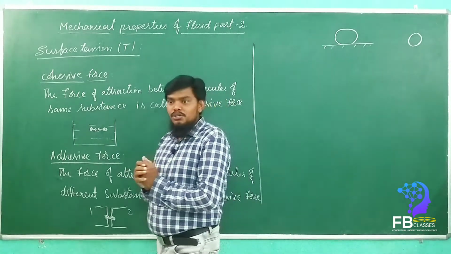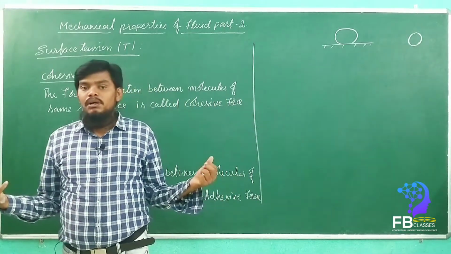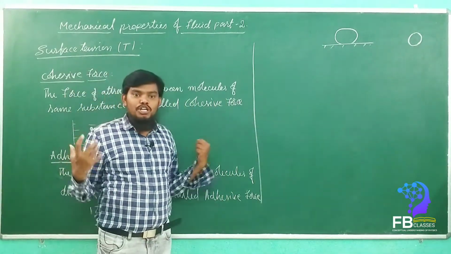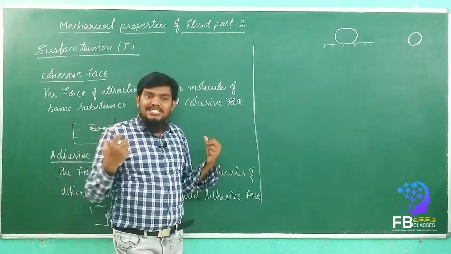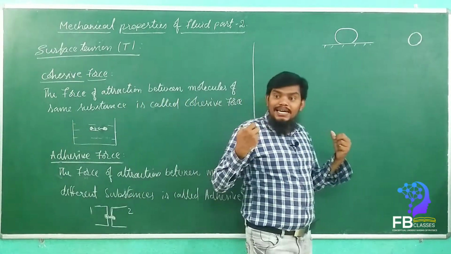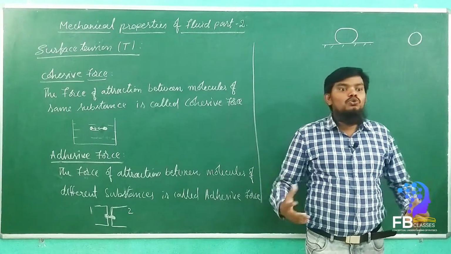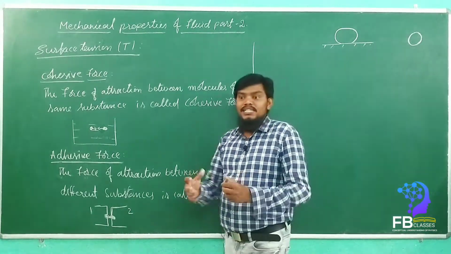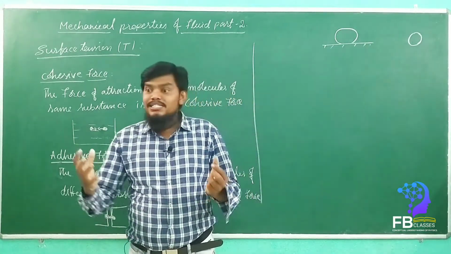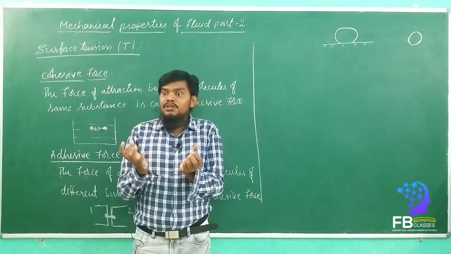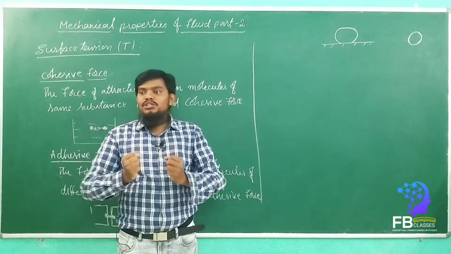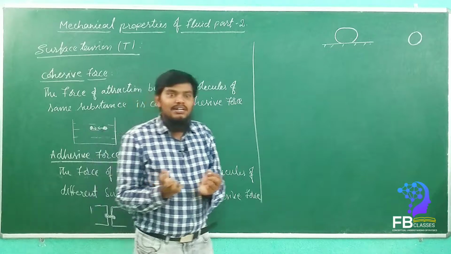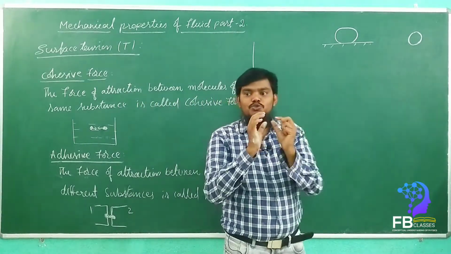Are you getting my point? Because all liquids want to be stable, and if a substance wants to be stable, its energy should be minimum. So to make minimum energy, the surface becomes a sphere. It will contract from every corner of the area, then it will become a sphere.